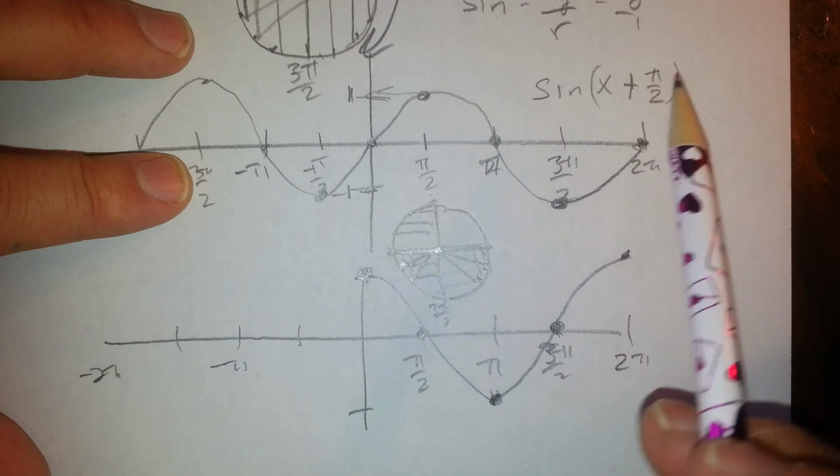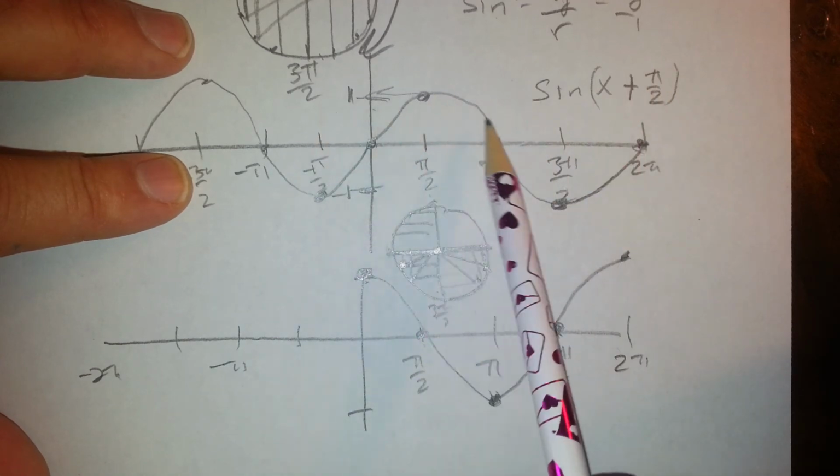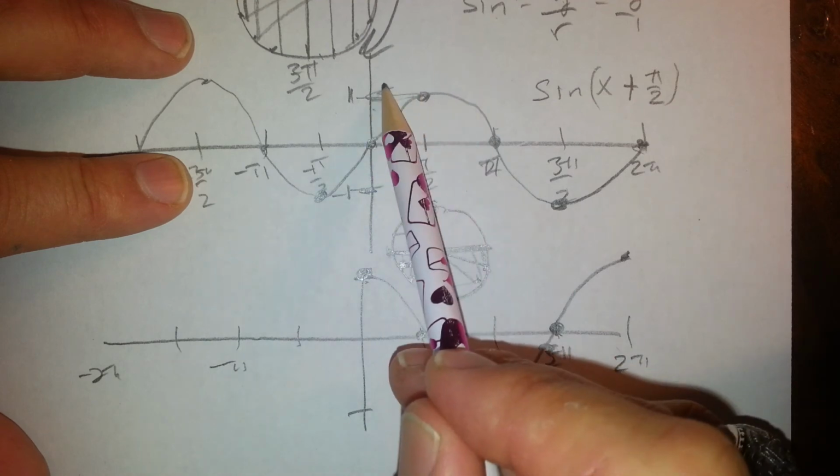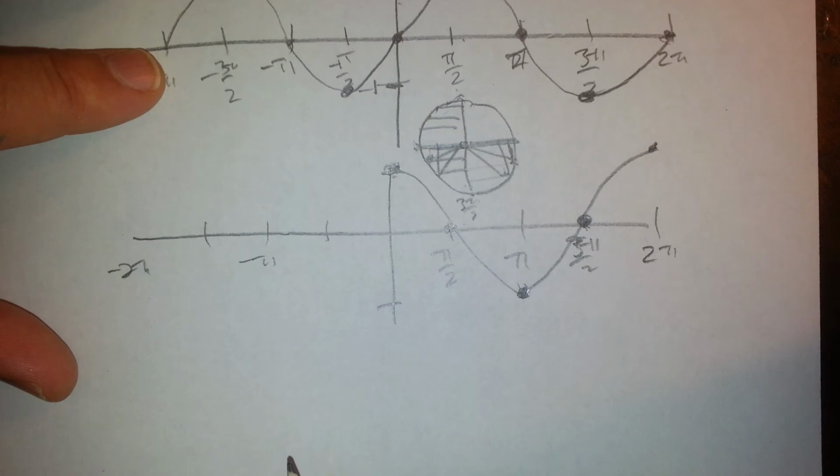Okay, there's my horizontal shift. It'll be a cosine graph. So we can make sine shift this. If all these points went to the left pi halves, I would have this cosine graph.